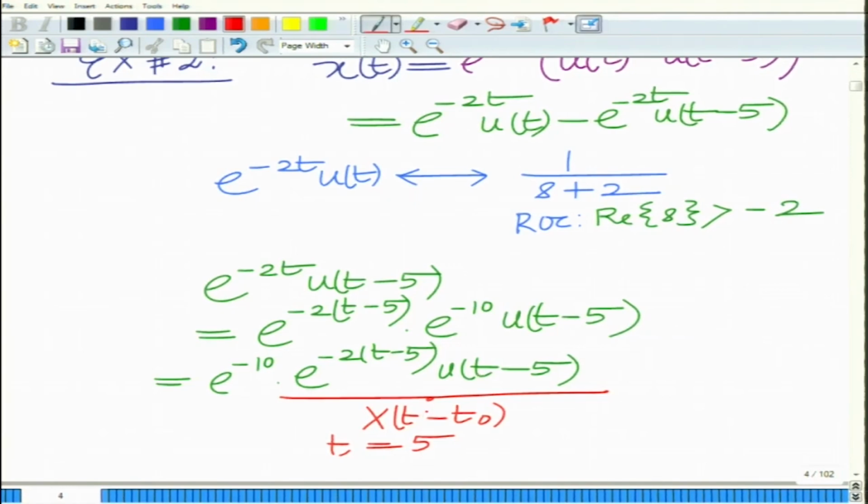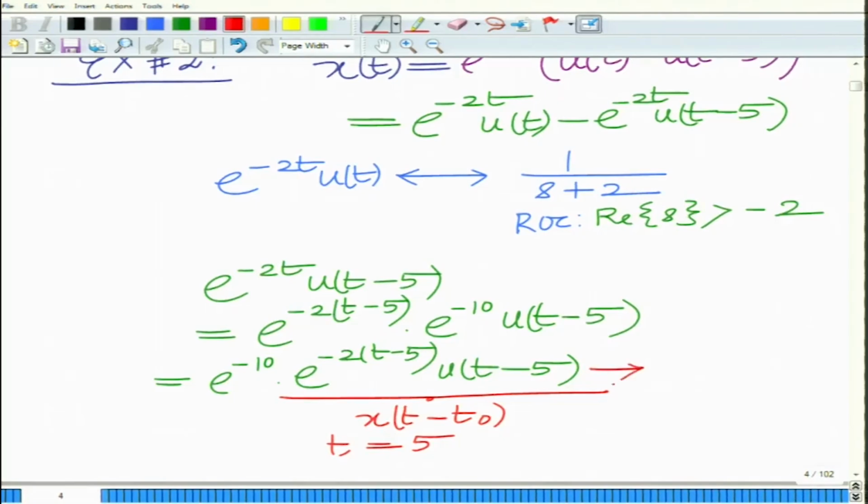So, this is a signal x(t), where x(t) is e raised to minus 2t u(t), delayed by t naught, where t naught equals 5. Hence, we know that the Laplace transform of x(t minus t naught) is e raised to minus s t naught into X(s). Therefore, the Laplace transform of this will be, first we have the constant e raised to minus 10 into e raised to minus s t naught, with t naught 5.